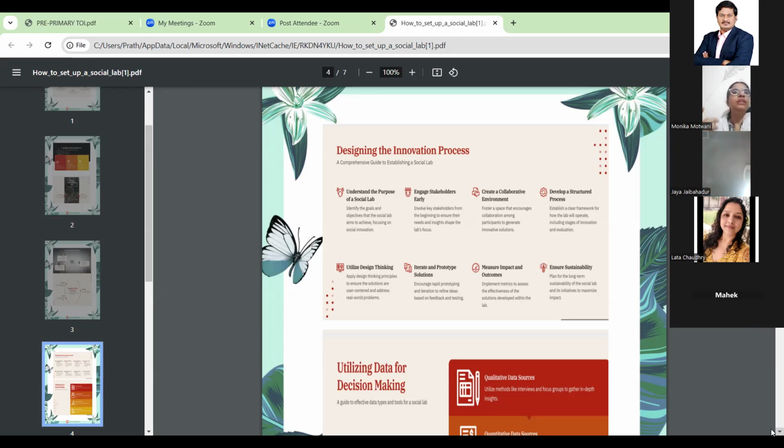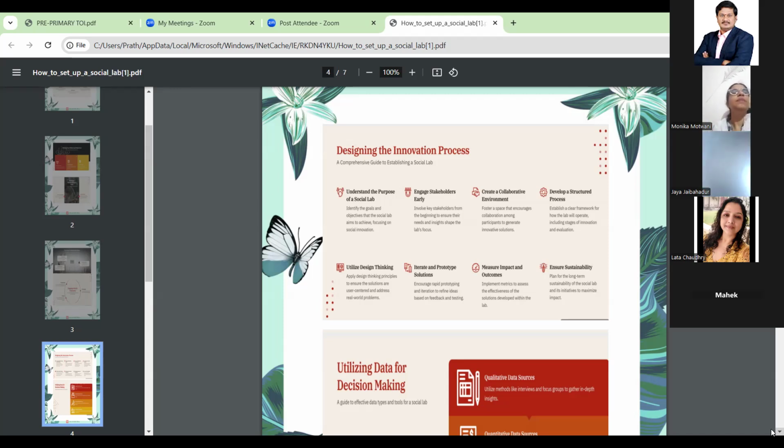There is one more thing: unlike traditional meetings, training sessions or workshops, a social lab emphasizes experiential learning and collective problem solving, which enables us to develop, test and innovate also.